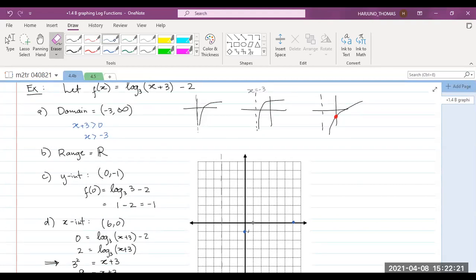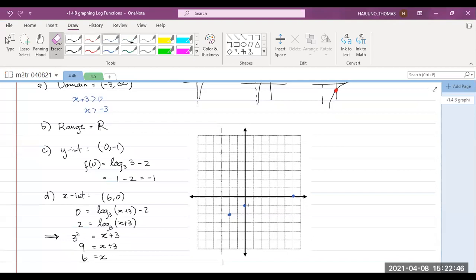Now, how about this guy? (1, 0), 3 units to the left, 2 units down. So this is the new coordinate. And then the last one, (1/3, -1), 3 units to the left, 2 units down will be here.